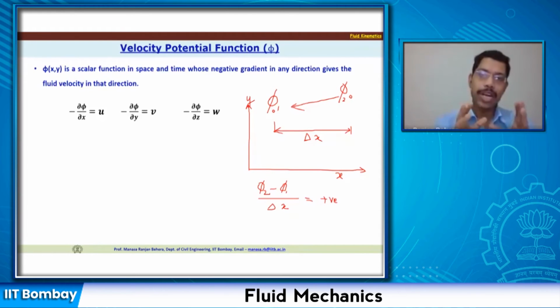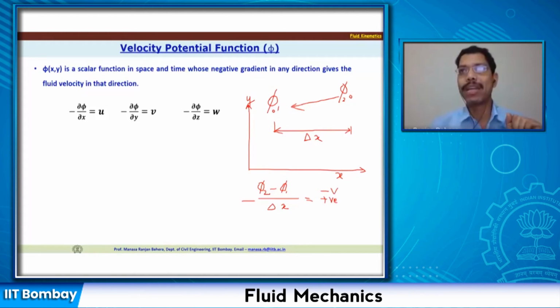So for the standard notation, if I have the minus sign implicitly in the expression, it automatically comes out as a negative velocity. Then it directly tells me that the velocity is in the negative x direction, which is correct. That's why you have the negative sign here.